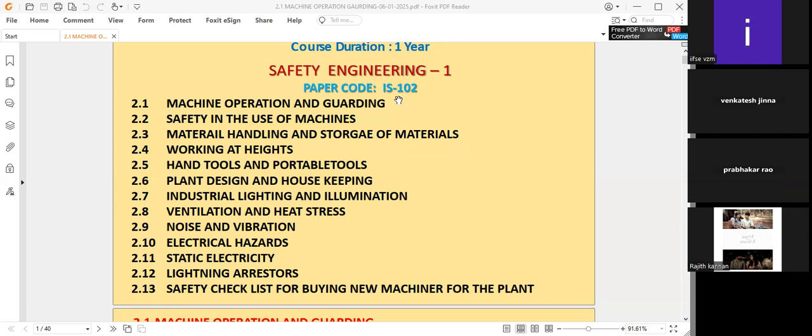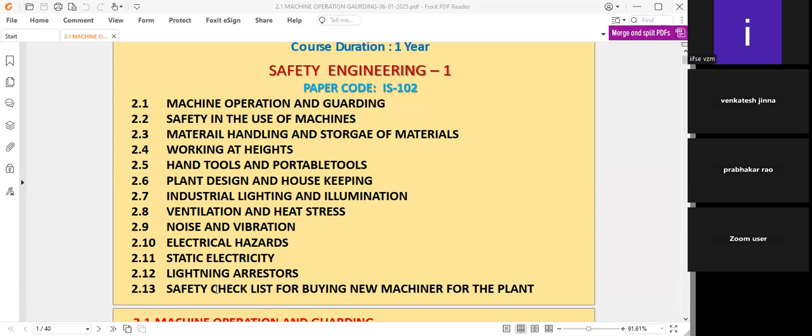Today we are going to talk about the 102 IS code, Safety Engineering 1, where we have so many topics as per the textbook. 2.1 Machine Operation Guarding, Safety in the Use of Machines, Material Handling and Storage of Materials, Working at Heights, Hand Tools and Portable Tools, Plant Design and Housekeeping, Industrial Lighting and Illumination, Ventilation and heat stress, noise and vibration, electrical hazards, static electricity, and lightning arresters.